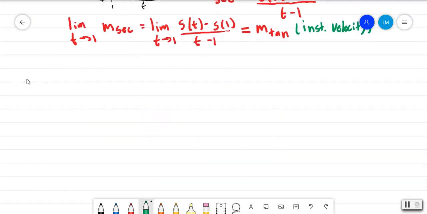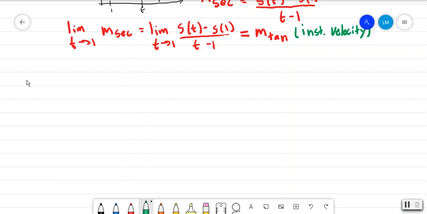Now, we figured out that the average rate of change was 80 feet per second when we got close to 1, and of course it was 48 feet per second from 4 to 1.